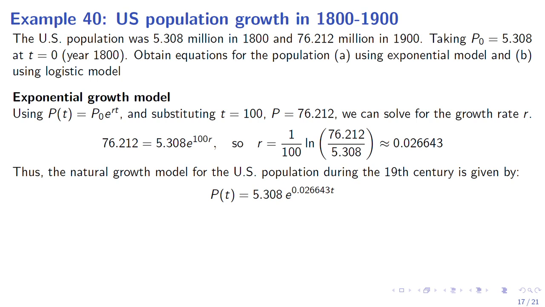Okay, now let's look at this really nice example. It's about the U.S. population growth in the 19th century. The U.S. population was 5.308 million in 1800, and there's a record of 76.212 million in 1900.